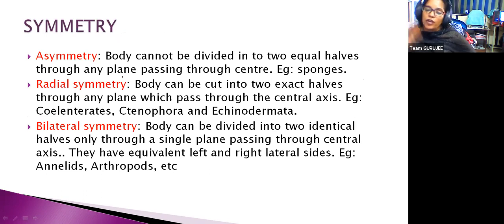Asymmetry means the body cannot be divided, for example sponges, which can't be divided into equal halves. In radial symmetry, the body can be cut into two equal halves in any plane. In bilateral symmetry, it can be cut into two equal halves only through a single plane.